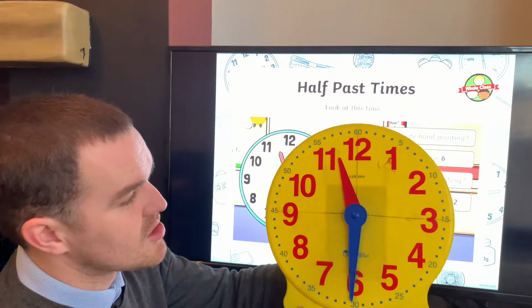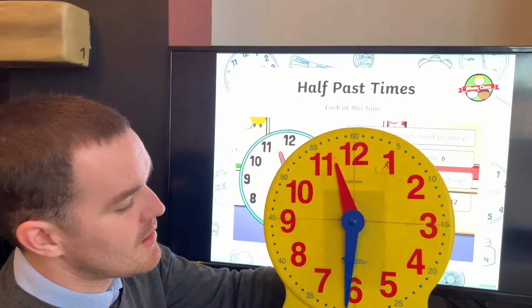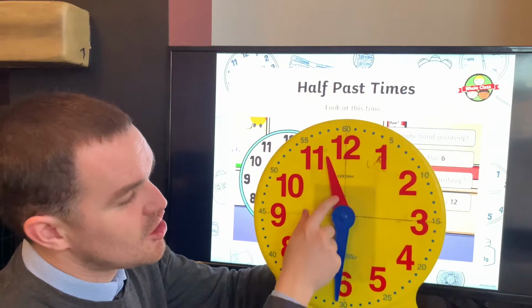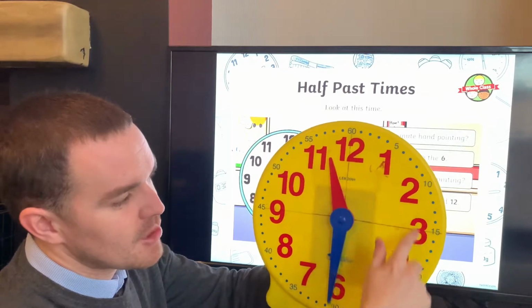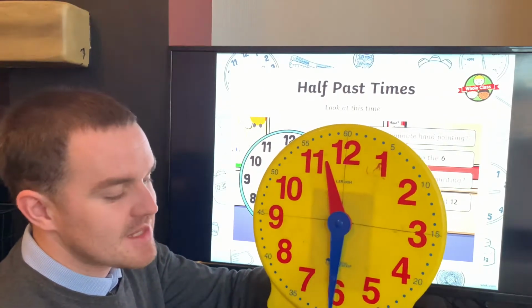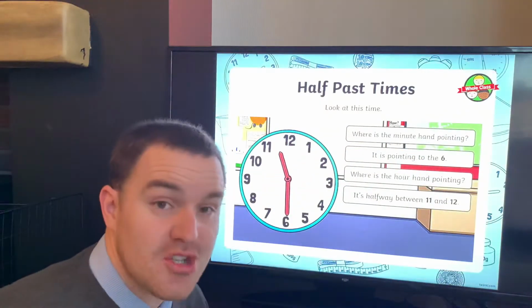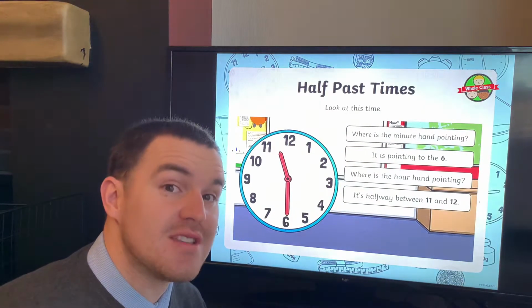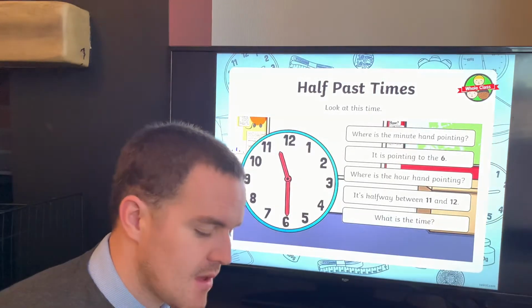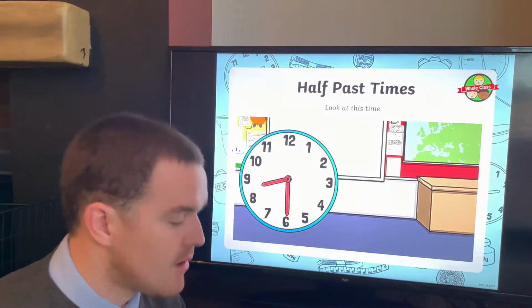Remember, watch it ticking. If it's ticking that way, it is going clockwise. So it's just gone past 11 because we're going in a clockwise motion. So that one is 11:30, or some people say half eleven, but we're going to look at digital clocks next week. 11:30.